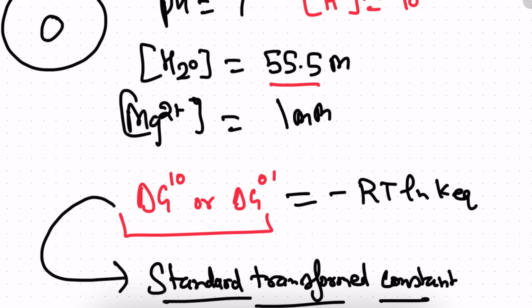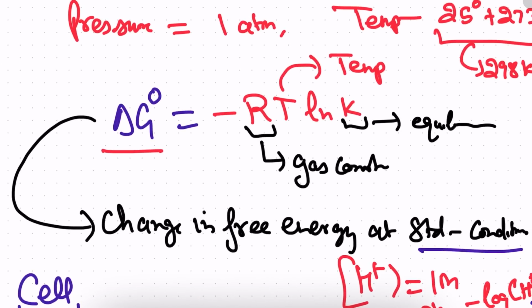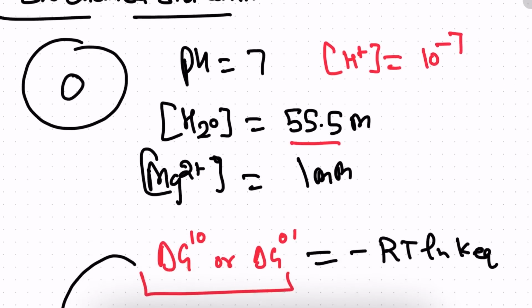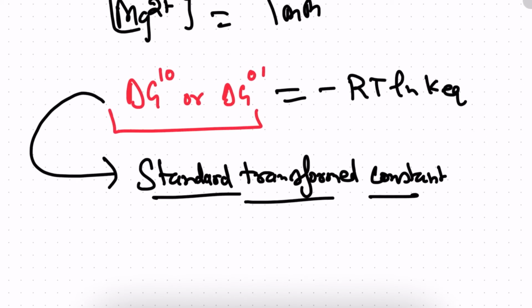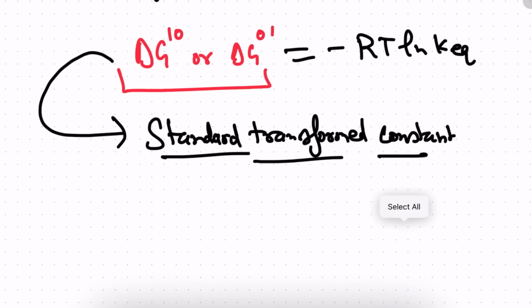So hopefully it is clear to you what this value is. This is the standard Gibbs free energy change at the chemical level, and here this is at the cellular level. Now I just want to tell you, let's suppose the value of K equilibrium is equal to 1.